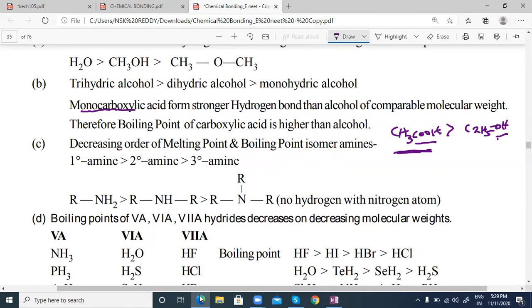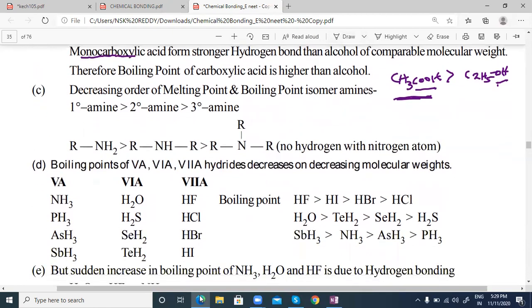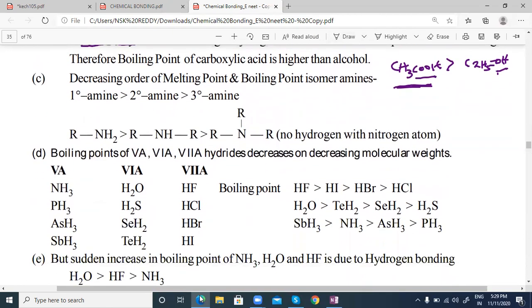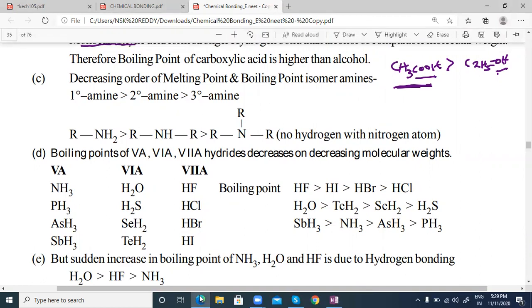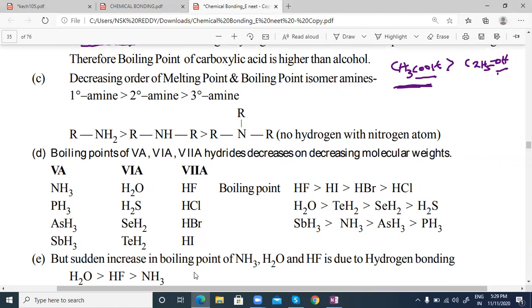So just observe the remaining examples also. HF can form hydrogen bonding.